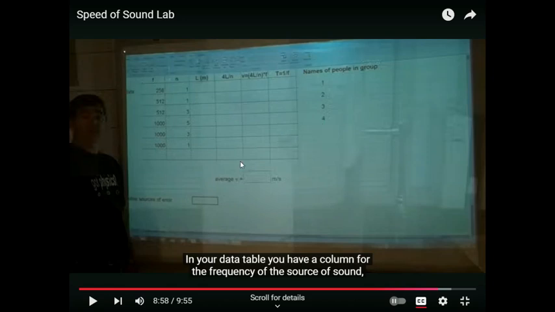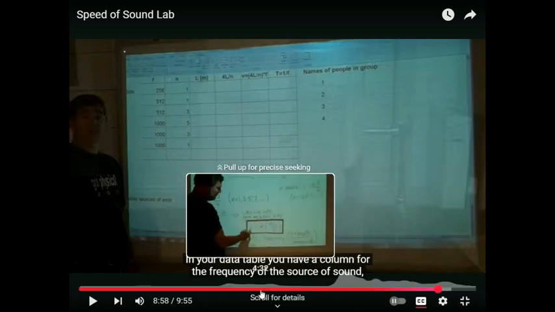So organizing that table, you're going to have to decide how you're going to organize that stuff. I would have two sections for each frequency. Like if there's 512, let's say, and there was a first resonant length and a second resonant length, I would have a section for the first resonant length and a section for the second resonant length. Then you can just show a result here for wavelength, and with a sample calculation like normal.